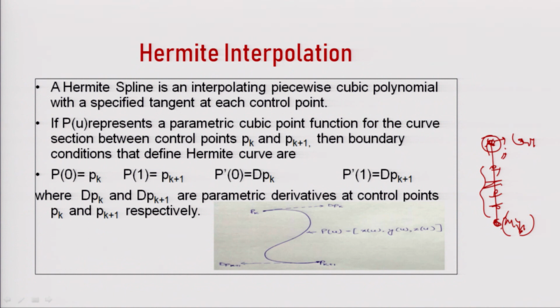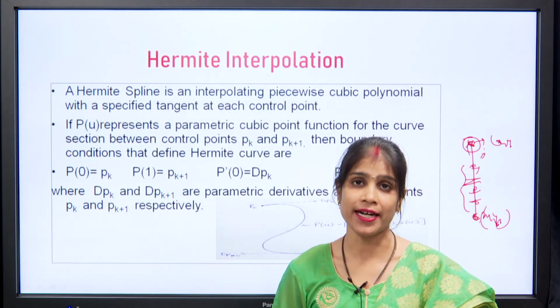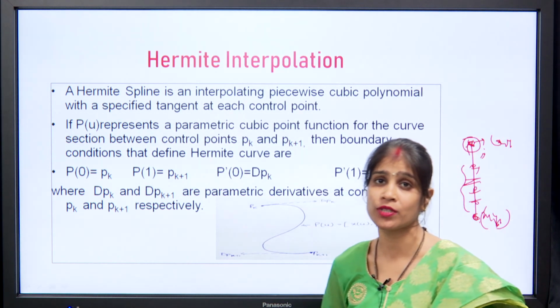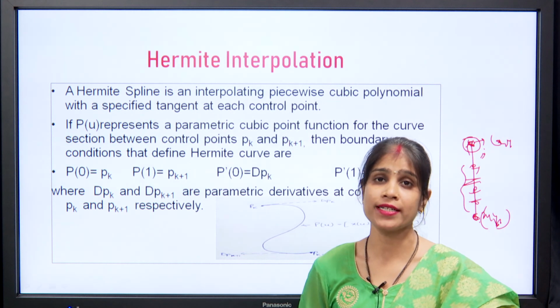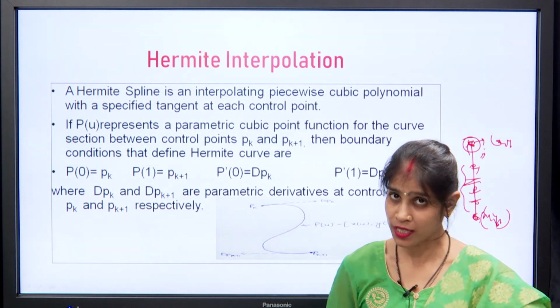So, Hermite interpolation is an interpolating piecewise cubic polynomial with a specified tangent at each control point. Here we specify a tangent at each control point. I have already told you that control points are a set of coordinate positions that define the general shape of the curve.